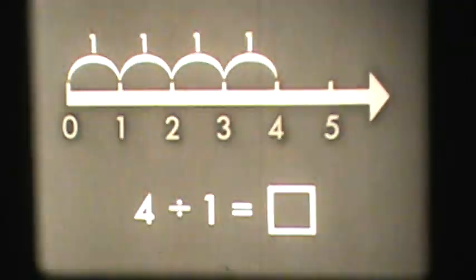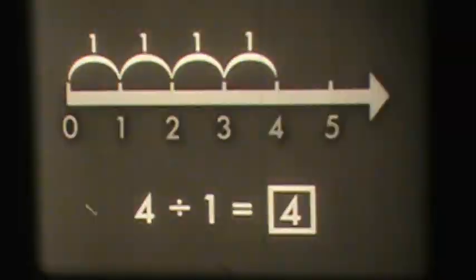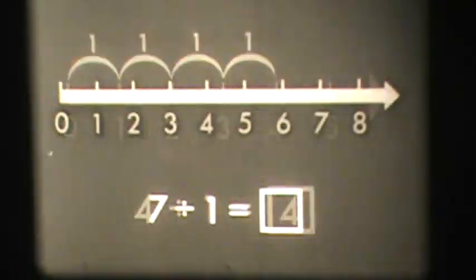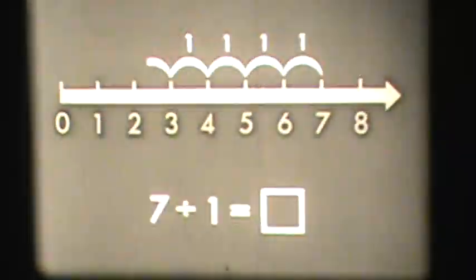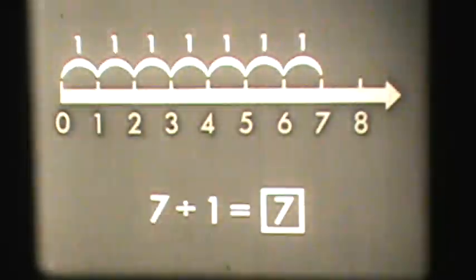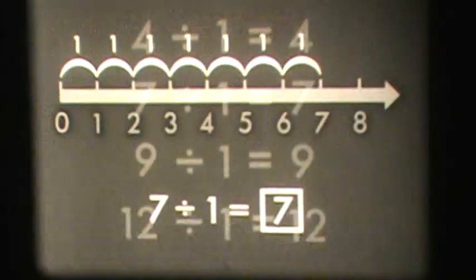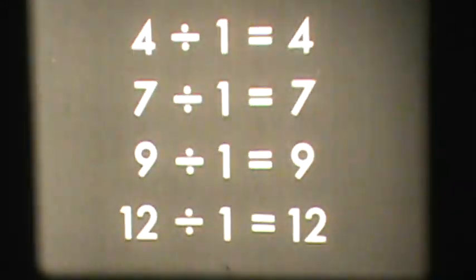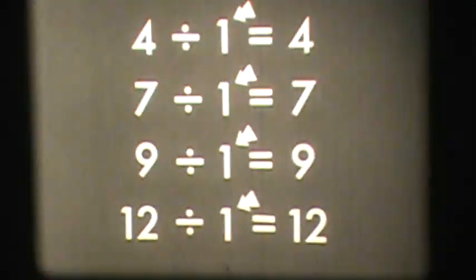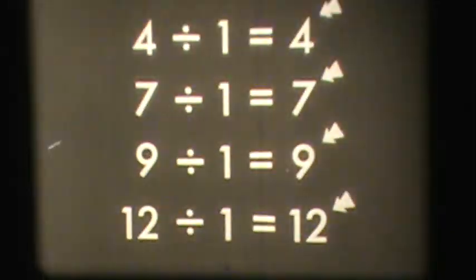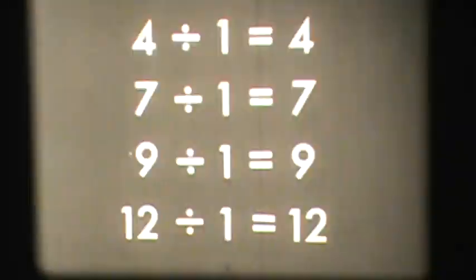We see that 4 divided by 1 equals 4. Let's divide 7 by 1. 7 1s in 7. We see that in division, any number divided by 1 equals that number. So we can divide numbers by 1.